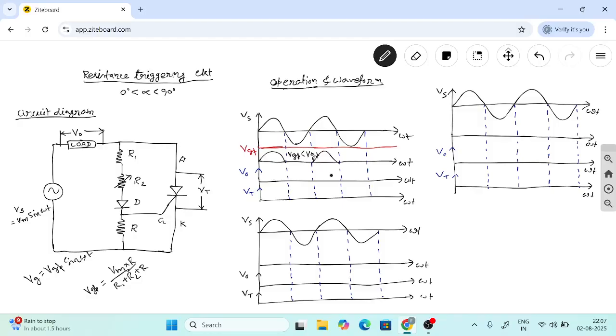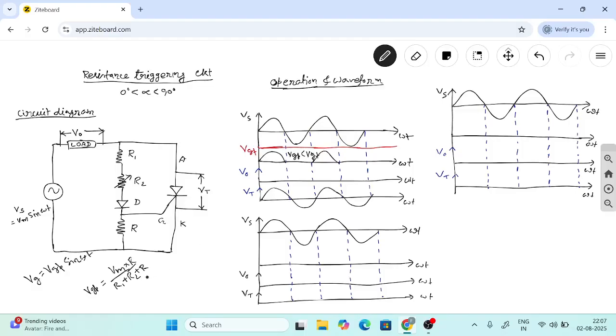Load voltage becomes 0, and the supply voltage appears across the thyristor. The same waveform appears across the thyristor.